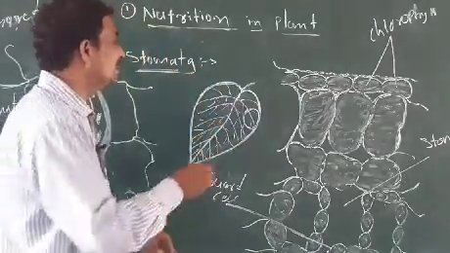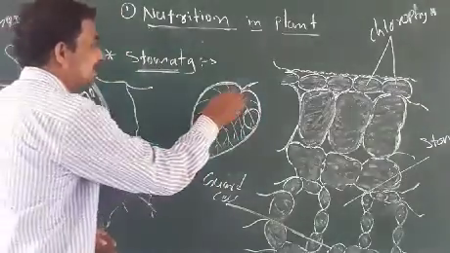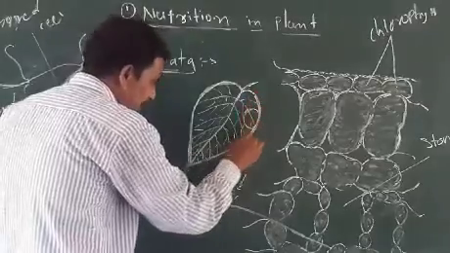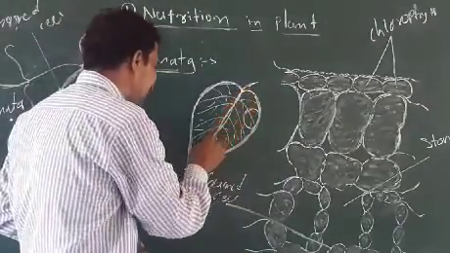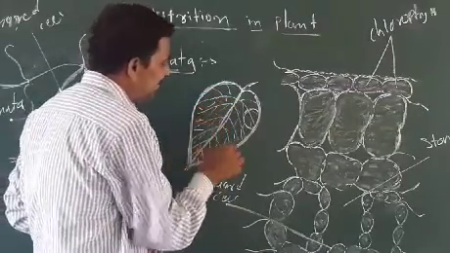Suppose we look at a cross section of the leaf. What is the color of a leaf, and how is its structure? That we want to see. This is one leaf, with a middle vein, and on the sides we can see parallel veins in the leaf.